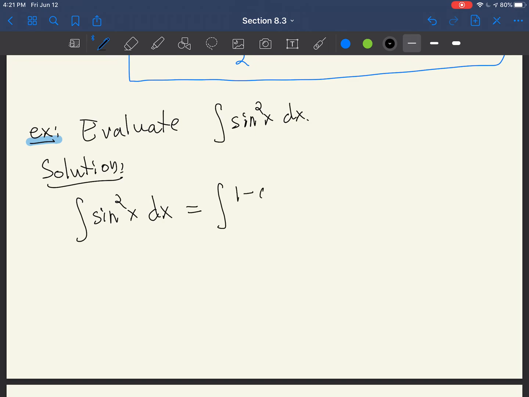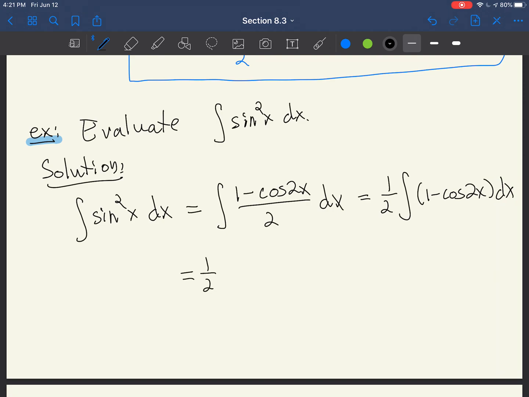This is using the above identity, the integral of 1 minus cosine of 2x over 2 dx, which is 1/2 integral of 1 minus cosine 2x dx, which is 1/2 times x minus sine 2x over 2 plus c.